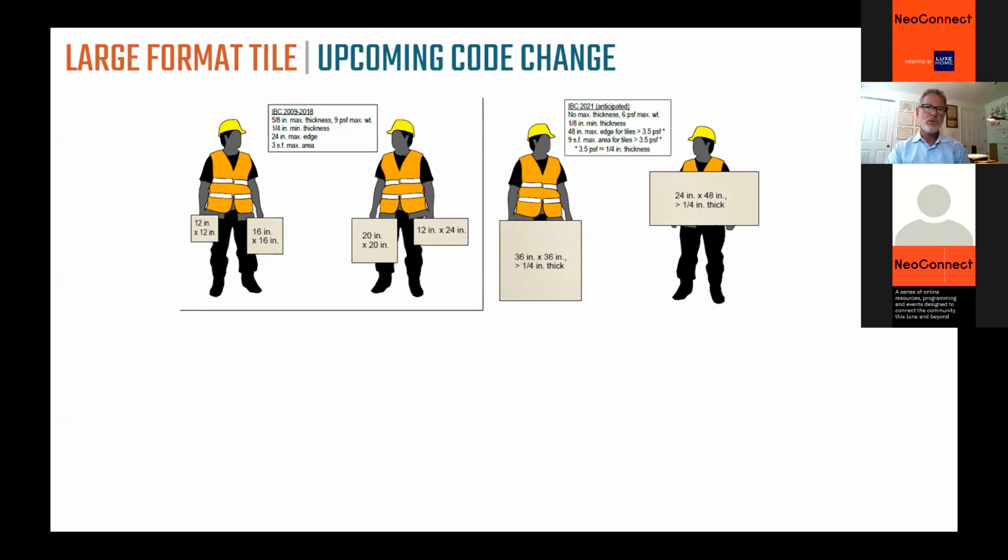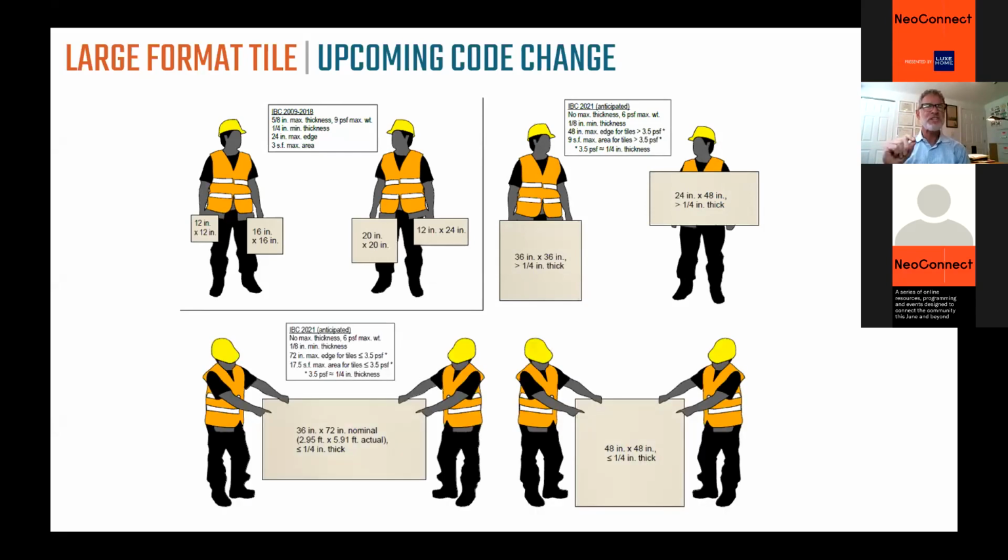So when the 2021 code comes out, the IBC will allow tiles as large as 9 square feet for any tile that's thicker than 1/4 of an inch, okay? For tiles that are thinner than 1/4 of an inch, and there are plenty of porcelain tiles thinner than 1/4 of an inch, those tiles are allowed to be as much as 17.5 square feet per unit.